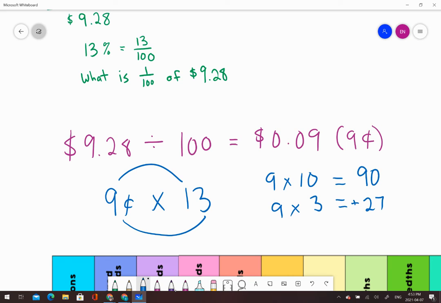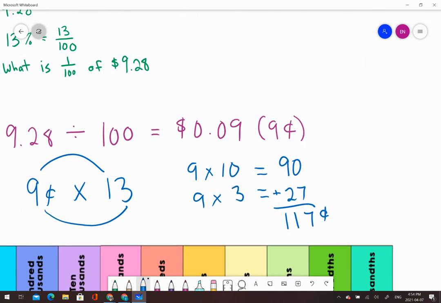So I'm going to add those together. 117. So 117 cents. And if I want to write this as dollars, it's going to be $1.17, right? I want 2 spaces after my decimal when I'm dealing with money.